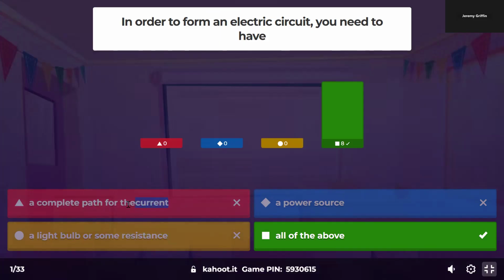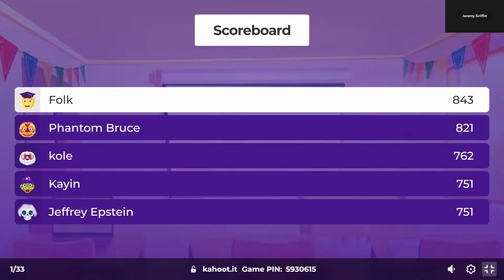Also a complete path. Okay, so did you guys notice when you're wiring up all your circuits, if you just went from the anode of the battery to, say, a light, it would never light the light, right? You had to have a complete path that connected to the other terminal of the battery. All right, we got points on the board.